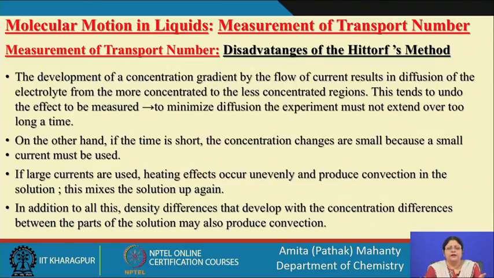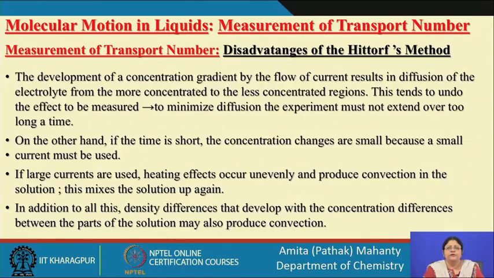The ions start moving due to the difference in concentration, because a gradient in concentration will drive the ions to move from a more concentrated to a less concentrated region, and not entirely be guided by the difference in potential across the two electrodes.